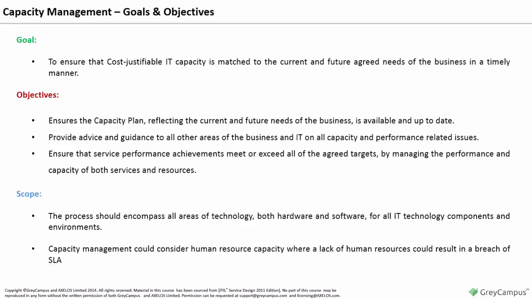In general, human resource management is a line management responsibility, although the staffing of a service desk should use identical capacity management techniques. The scheduling of human resources, staffing levels, skill levels, and capability levels should therefore be included within the scope of capacity management.